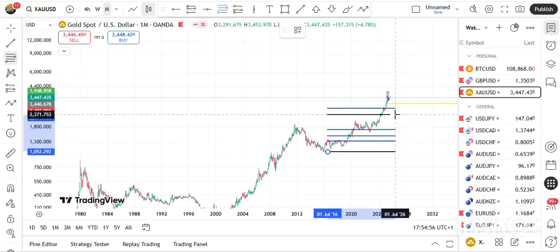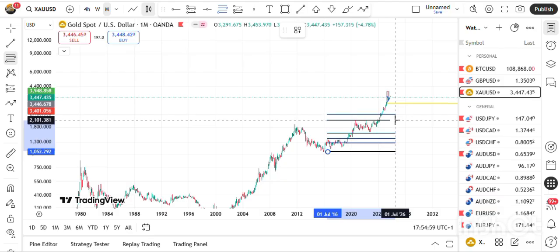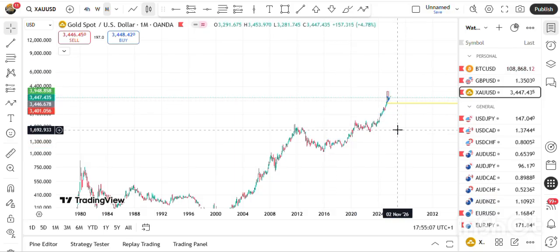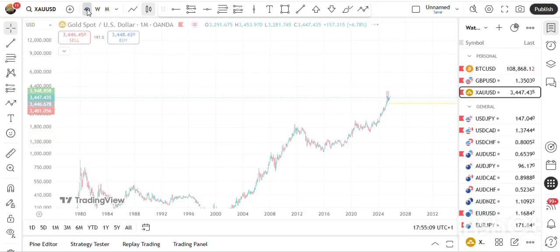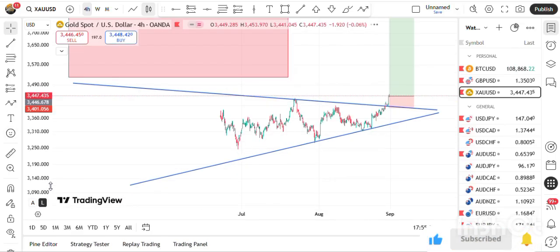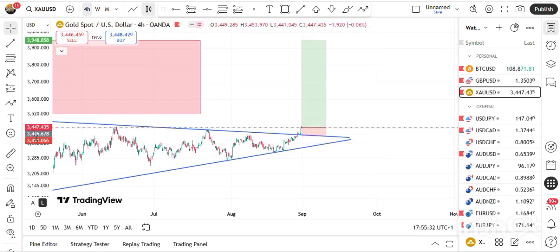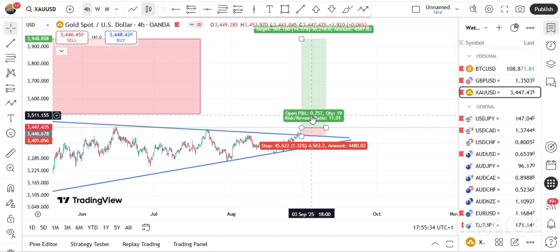It didn't touch it, so it's gone. Even if we want to use it, it's gone, unless we want to put another extension, but I feel like that will be chasing the price. So I will just stick to the price action it has shown me on the 4-hour time frame, and let's see how this goes. So this is also the 1:11. Alright, these are great trades.